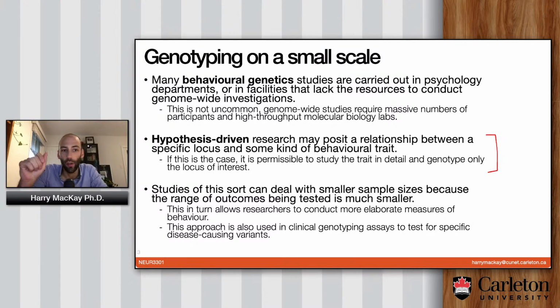And because you're only looking at one area, or maybe a small handful of areas, the multiple testing burden is much reduced. Has anyone taken statistics yet? If you have, you're probably familiar with repeated measures and the need for multiple testing correction. That is very relevant for genomics, because in a genome-wide study you're looking at hundreds of thousands of different alleles, and for every allele you're doing a test to see whether it is related to the phenotype, trait, or illness you're looking at.